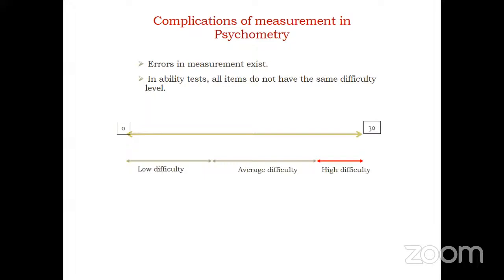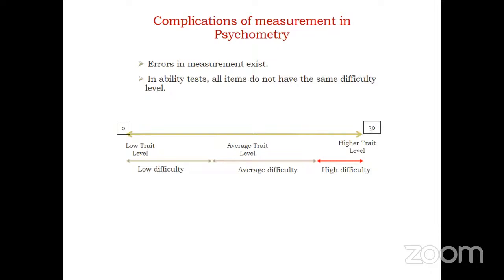So for solving the items of low difficulty, a low trait level is required. Suppose it's an intelligence test, then some intelligence will help the person solve it because the items are of low difficulty level. For average difficulty items, you need an average trait level, and for high difficulty, a higher trait level is required.